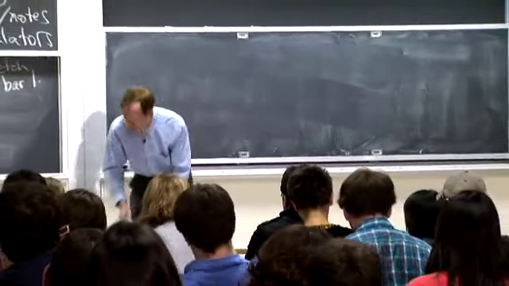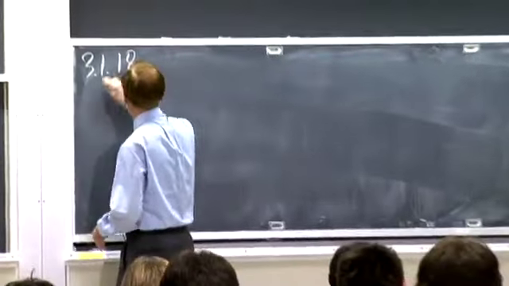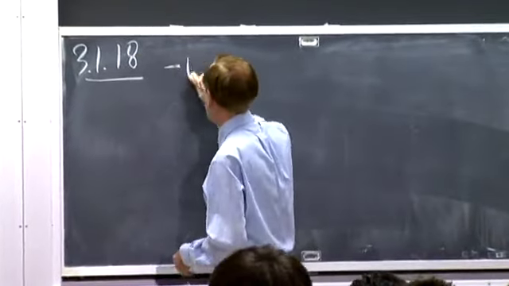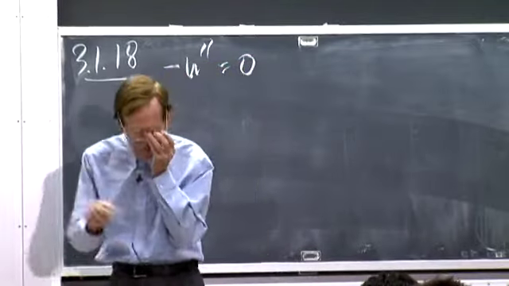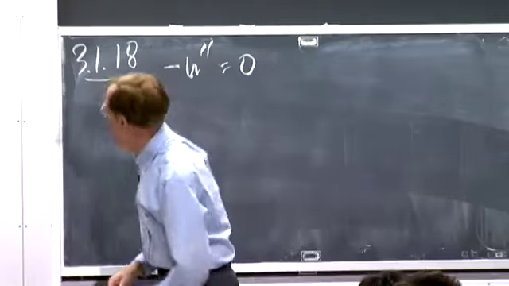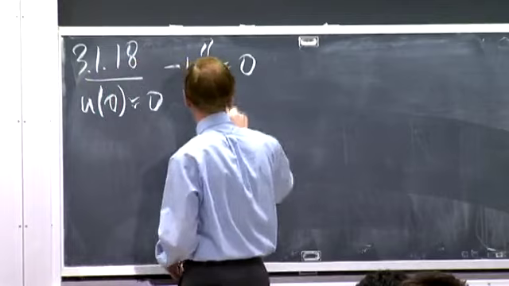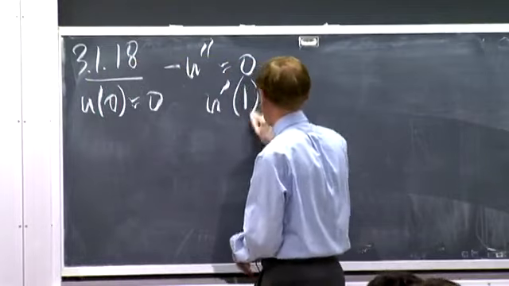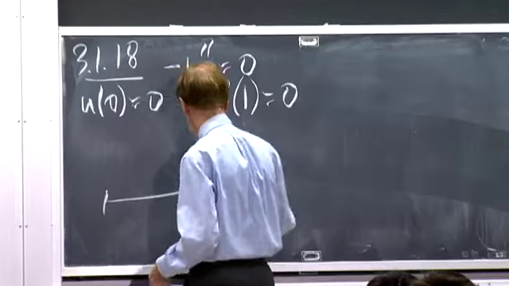This is section 3.1, number 18, which asks about the equation u double prime equals 0. Well, we've talked about it in class, with u of 0 equals 0, but u prime, the slope, equals 0 at the other end. So what's the picture if I use linear elements?